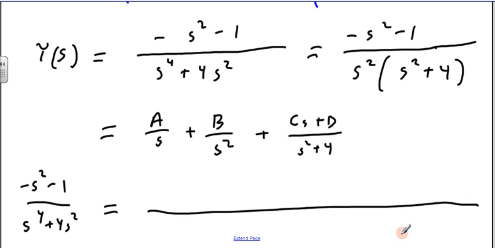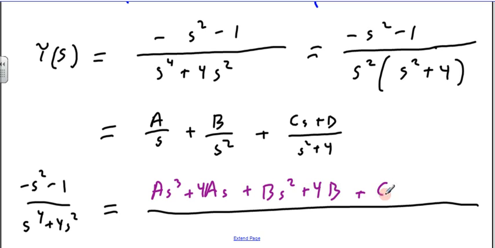I combine these guys and I get As cubed plus 4As, plus Bs squared plus 4B, plus Cs cubed plus Ds squared, all over s squared times s squared plus 4.